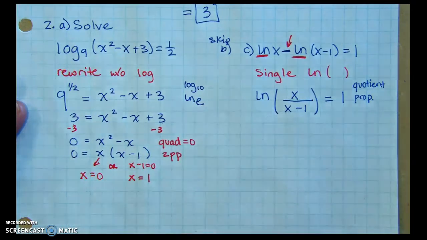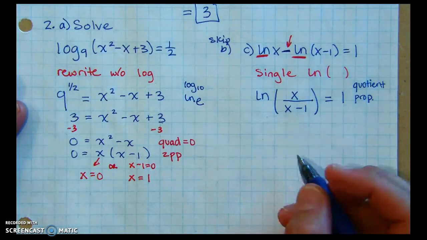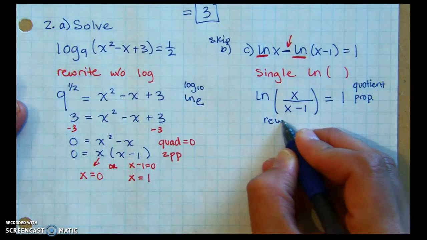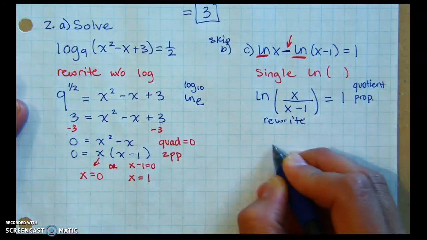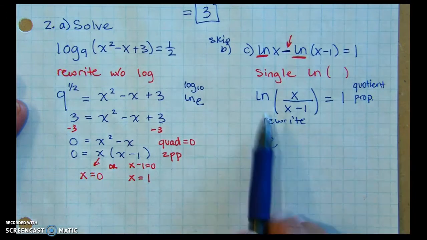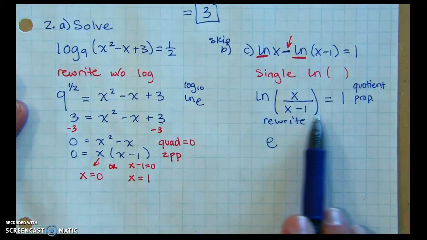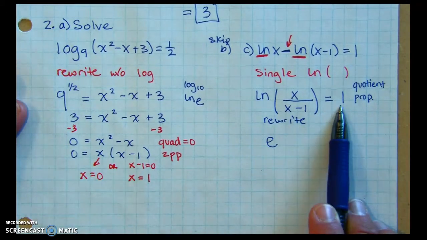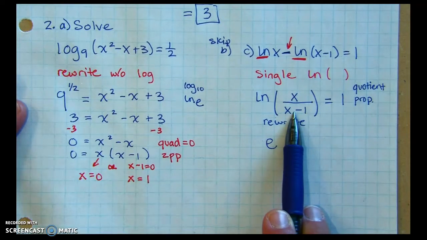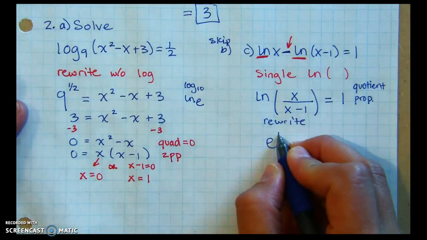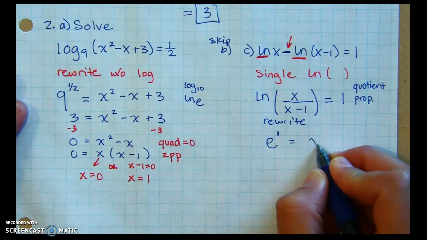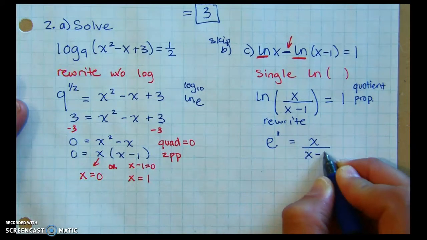E. Okay, ready? Here we go. We're going to rewrite. So we're going to say e. Now what's our exponent in this equation? E to the 1 equals x over x minus 1.